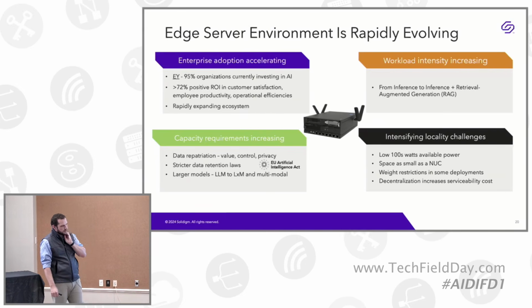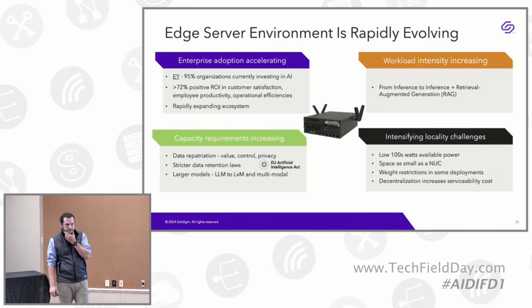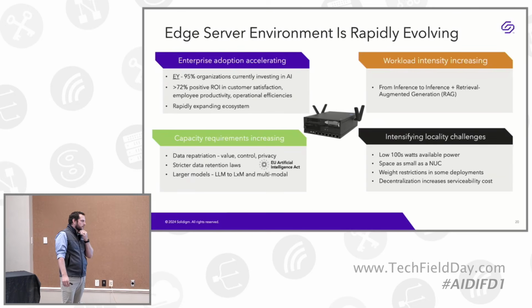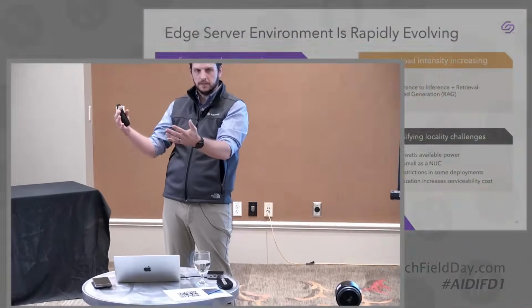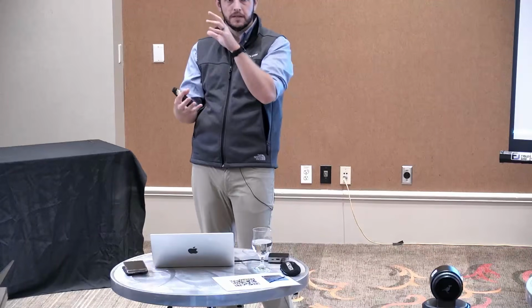You're talking about a power budget that's often much, much lower than what's available in a core data center. You're talking about being very space constrained. Some of the servers that we sell into look like the one in the middle. Some of them hang on telephone poles. They're purpose built for telecom, and they have very specific and constrained space available.